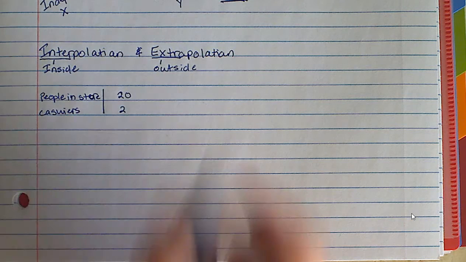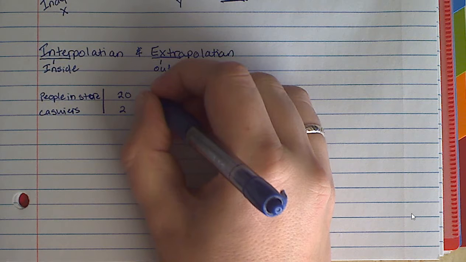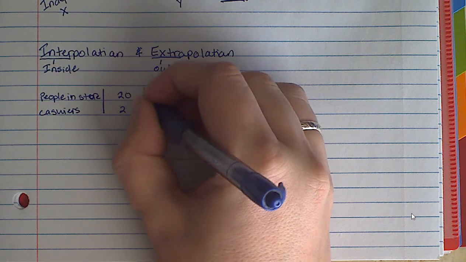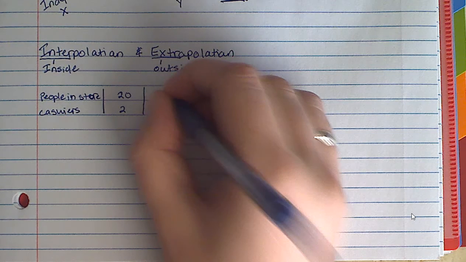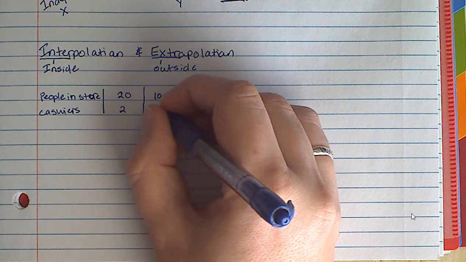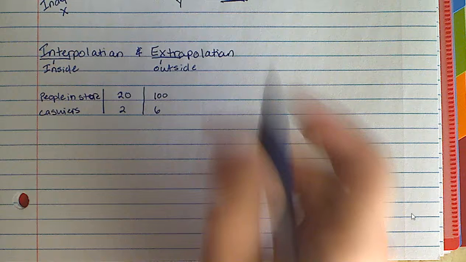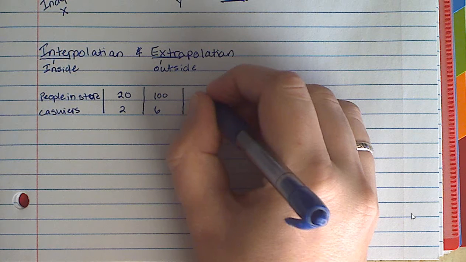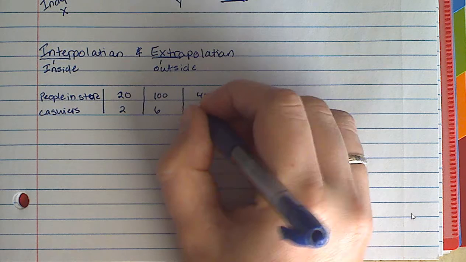Later in the day, they're predicting 100 people in the store, so they've staffed themselves with 6 cashiers.